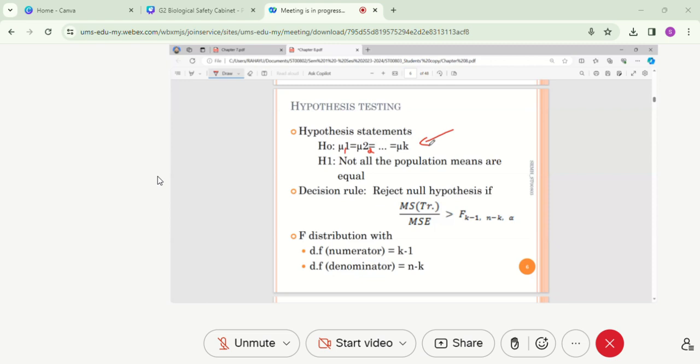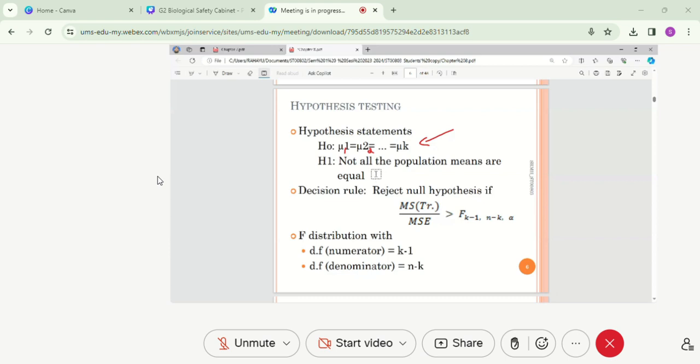For the alternative hypothesis, you cannot write mu1 not equal to mu2, not equal to mu k, something like that. It is wrong. In the alternative hypothesis, you need to say that not all the population means are equal, or in other words, that at least one of the population means is different from the others.